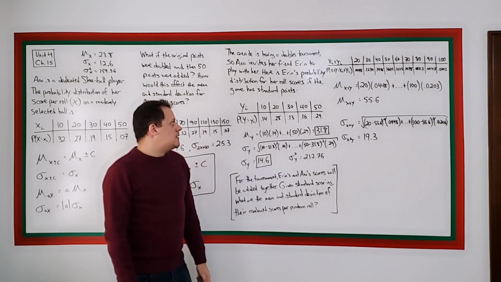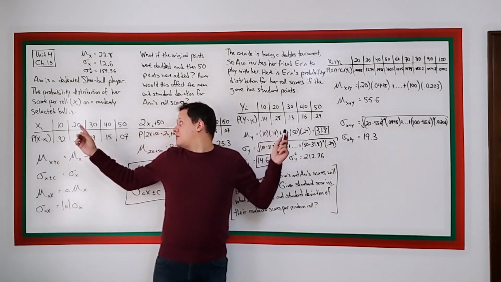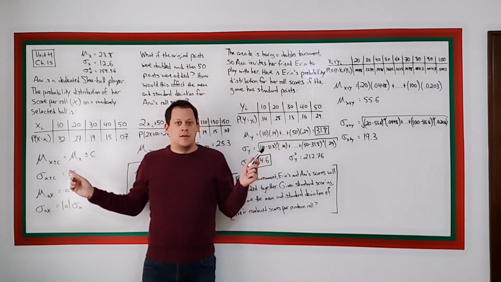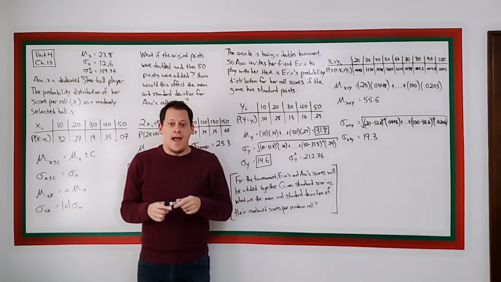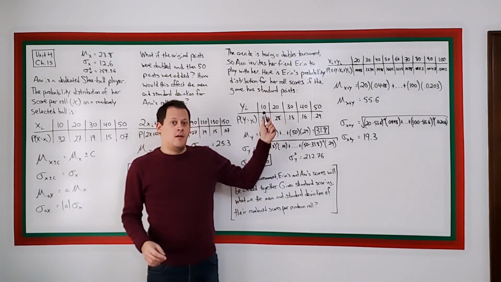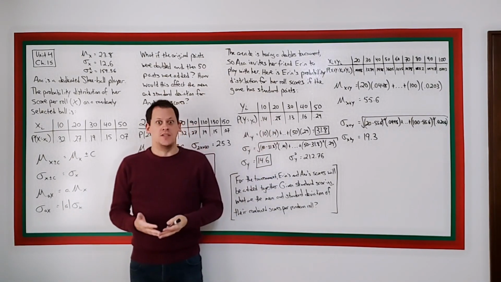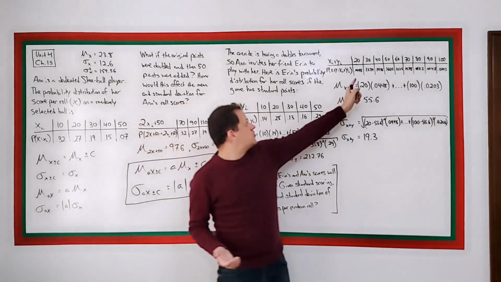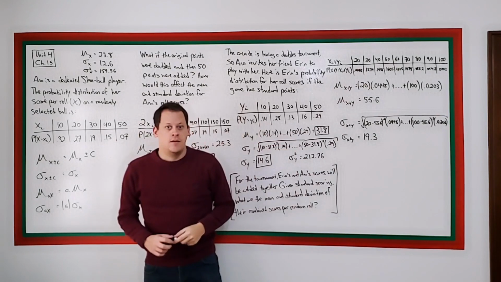Well, if we add these two together, we have to think about all the possible things that could happen. The lowest score that you could get adding them together is if Anna gets a 10 and Erin gets a 10. The probability of both of those things happening would be 0.32 times 0.14, which is 0.0448.